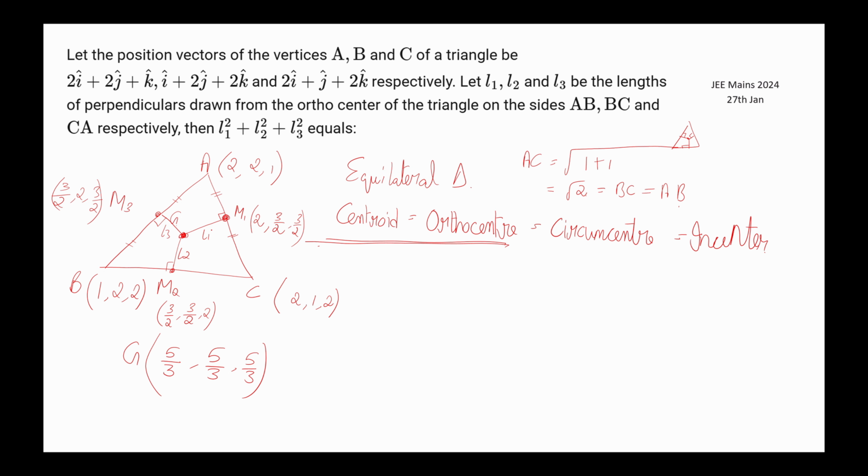So our L1 can be written as root under distance from G to M. G to M can be written as 5 by 3 minus 2 whole square plus 5 by 3 minus 3 by 2 whole square plus 5 by 3 minus 3 by 2 whole square. So basically this, in a simple way, can be written as 1 by 9 plus 1 by 36 plus 1 by 36. So this becomes our L1.